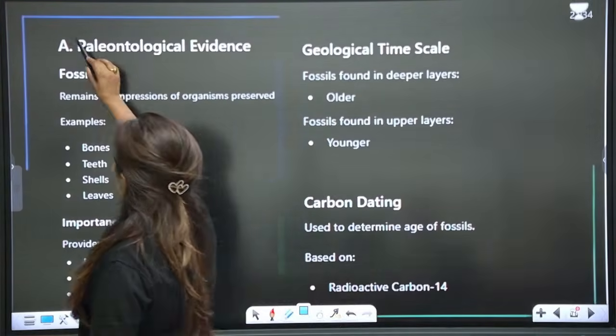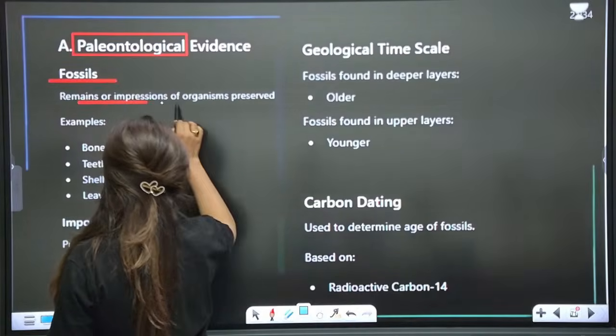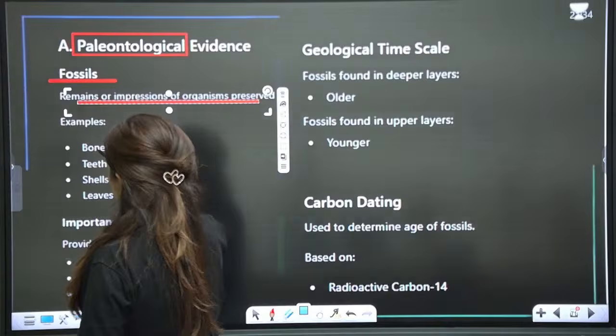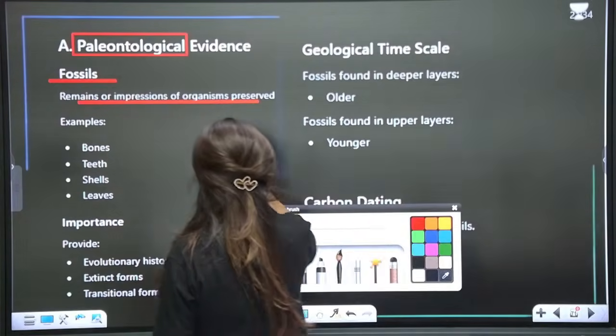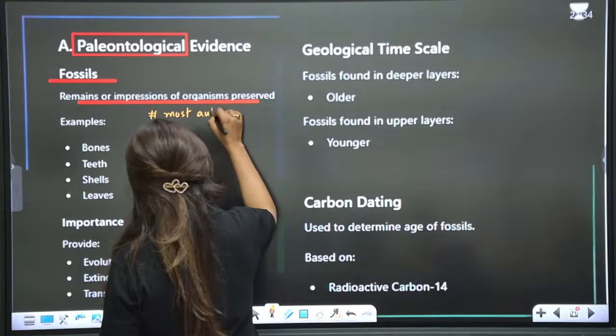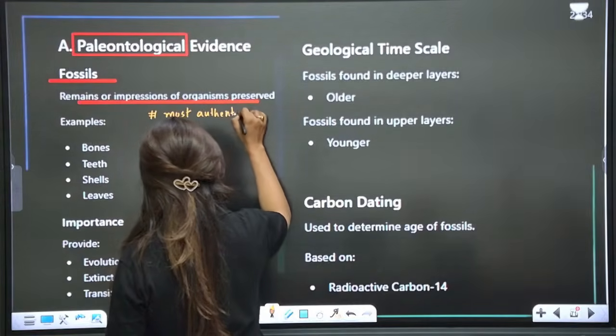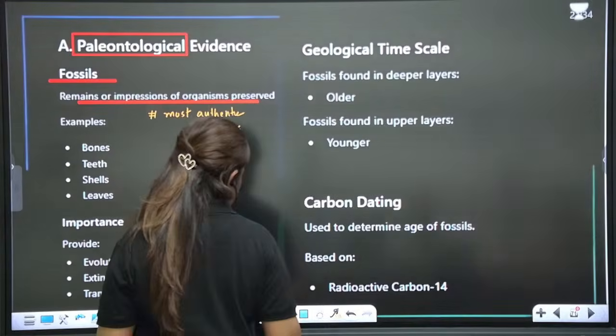Very important. We have paleontological evidence. In paleontology, we have fossils, which are the remains and impressions of organisms preserved, and they are the most authentic evidences of evolution. So how do we determine the age of these fossils?